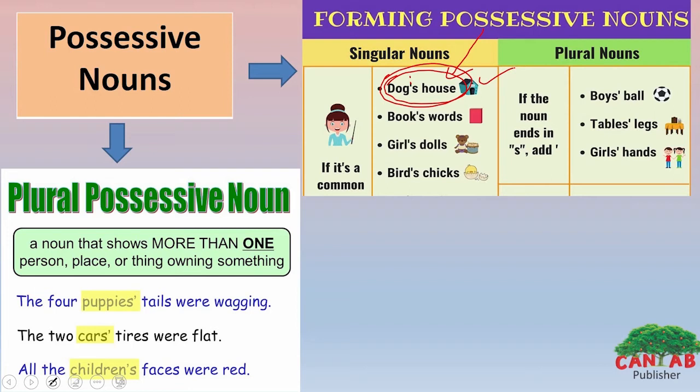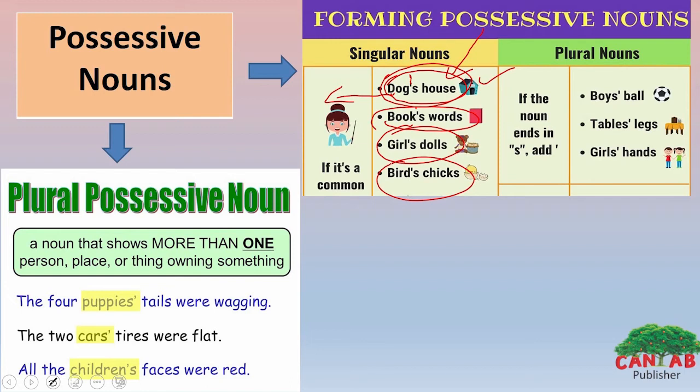So when we show the relationship between two things, between the nouns and the pronouns, we add apostrophe and s, like this one. Book's word, girl's dolls, bird's chicks. Here you can see the relationship between two nouns, the ownership.